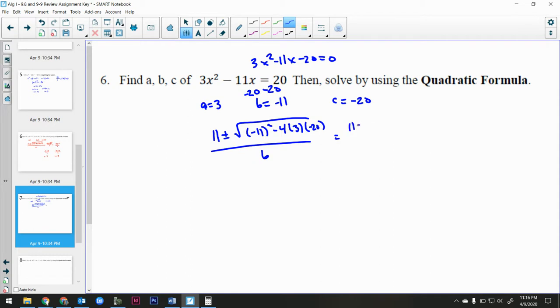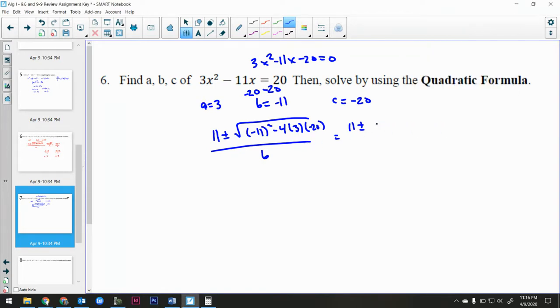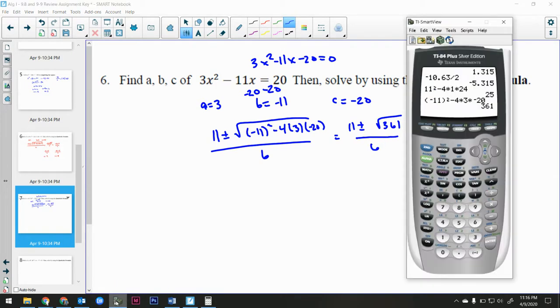So that's 11 plus or minus, and now I go underneath the radical, and I take negative 11 squared minus 4 times 3 times negative 20. 361, all divided by 6. I'm going to double check that.